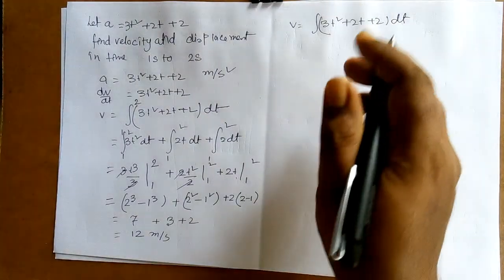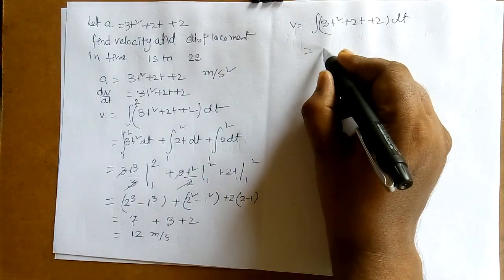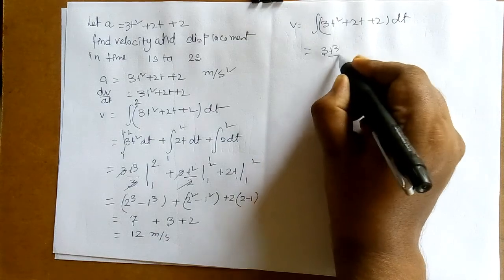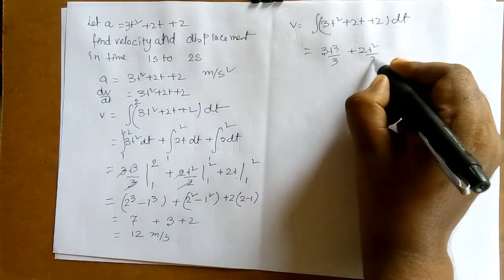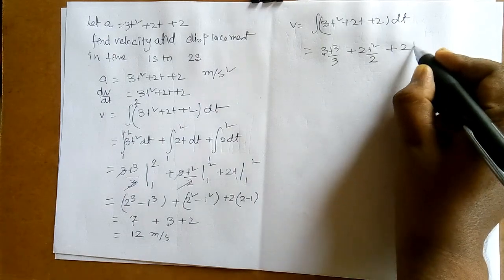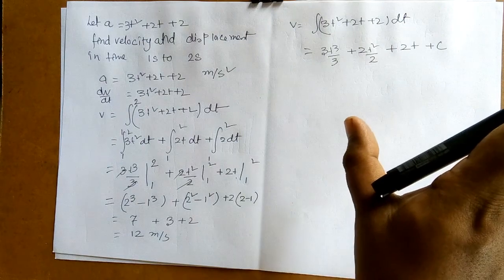So if I do this indefinite integral, what will it come? I am writing directly: 3t cube by 3 plus 2t square by 2 plus 2 into t plus c, because here we will not use any limit.